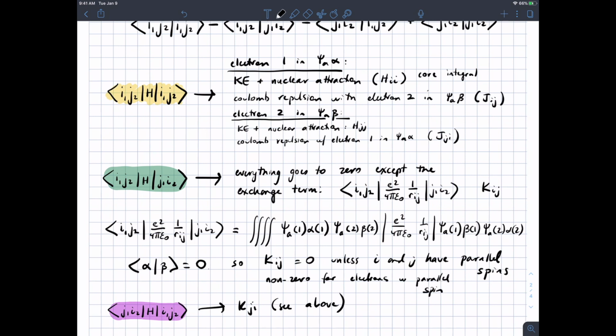Now, it's a fair question to ask, Josh, in this Slater determinant where we've only got 2 electrons and 2 orbitals, don't they always have to have opposite spin? And I'm telling you yes. But remember that we're going to have molecules with multiple electrons, okay?